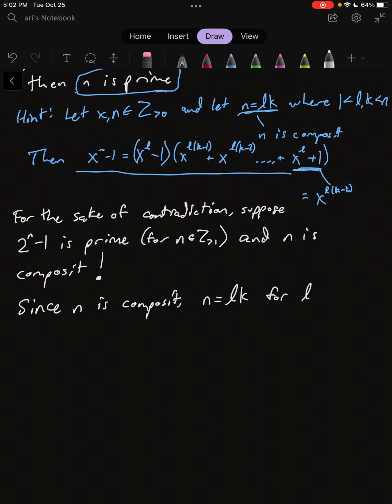For l and k that are, what do we know about n? That's a positive integer. So we could say that they're integers, or even natural numbers, because they have to be between 1 and n, not inclusive. So 1 is less than l and k, which is less than n. Not less than or equal to, because then we could still have n being prime. And we want to say that n is composite, so that's why it's strictly less than.